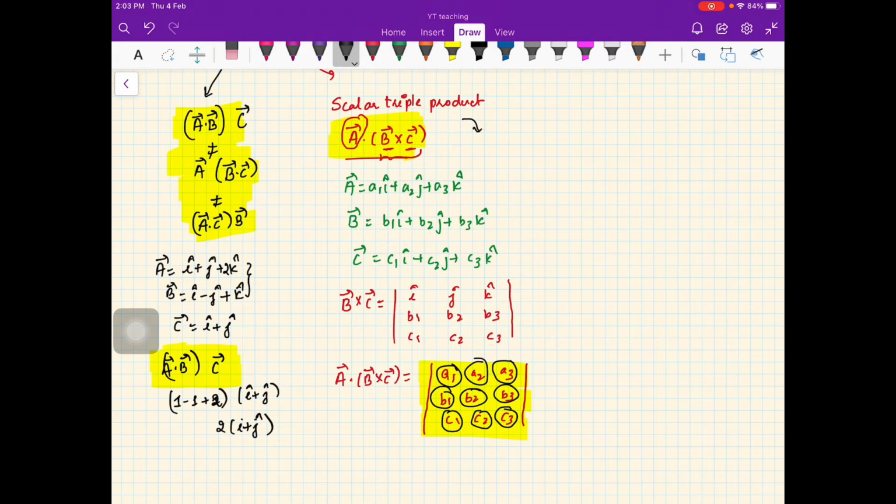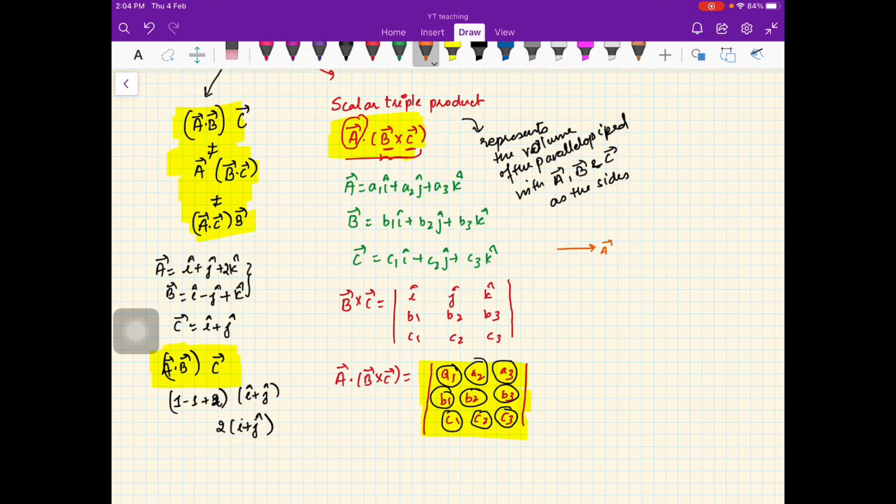And physically this quantity represents the volume of the parallelepiped with A vector, B vector and C vector as the sides. So you have a parallelepiped like this, A vector here, B vector here and C vector here. You can just construct a parallelepiped.